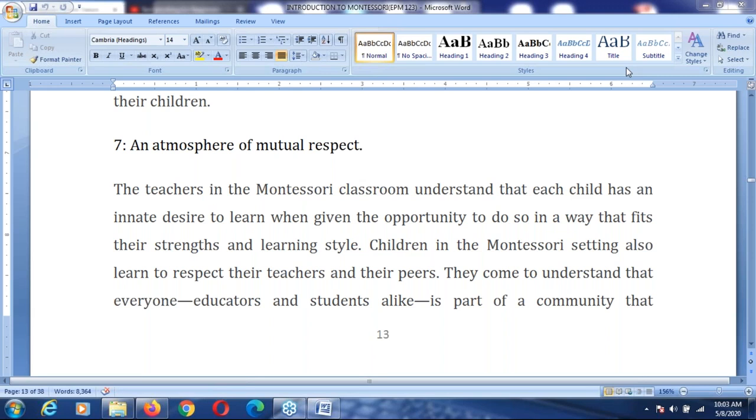Number two, learning is child-centered, not teacher-centered. The learning is based on the child. That means Montessori education is designed around the specific needs and abilities of the learner.